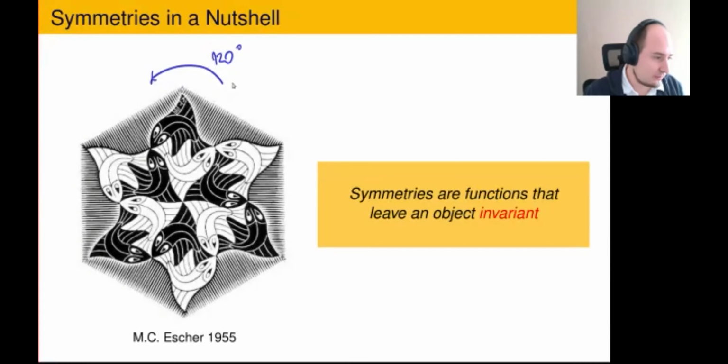And therefore, the picture is left invariant by rotations of 120 degrees. Now, one clear property is that if you have two symmetries, two functions that leave an object invariant, and you compose them, you again get the same object. So the set of functions that leave an object invariant is closed under composition, and this is called the symmetry group of this object.